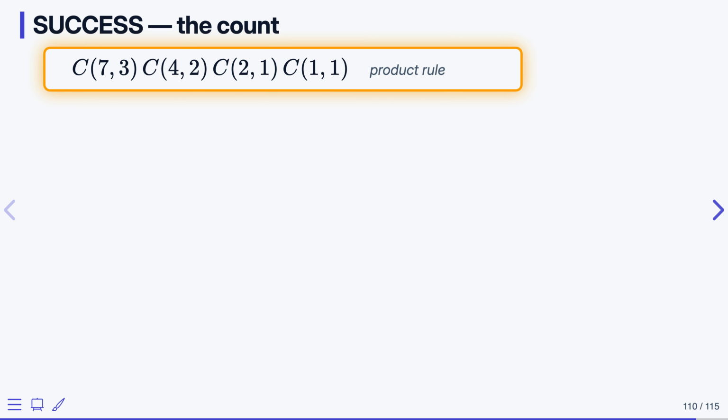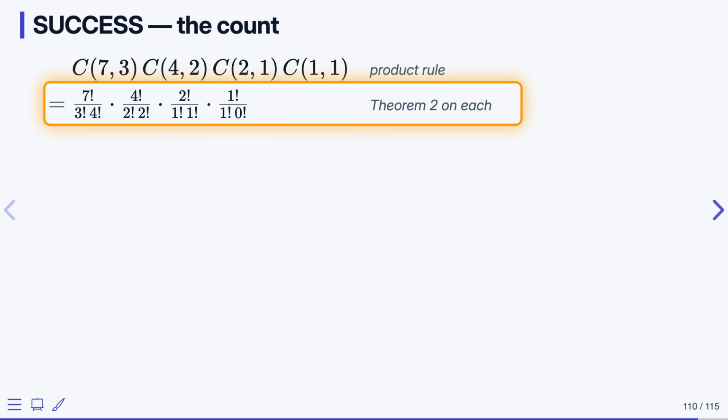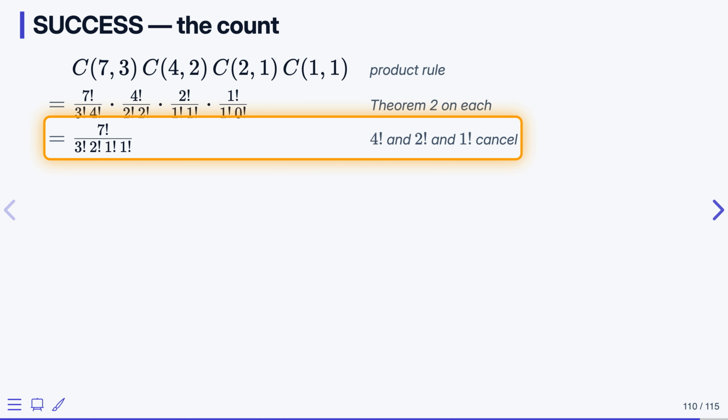This is the working. Line 1. The 4 steps happen one after the other, so the product rule says multiply the 4 counts. Line 2. Write each one out with theorem 2. Line 3. Now watch the canceling. The 4 factorial on the bottom of the first fraction meets the 4 factorial on top of the second, and they go.